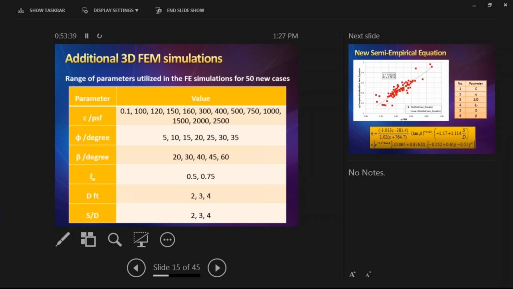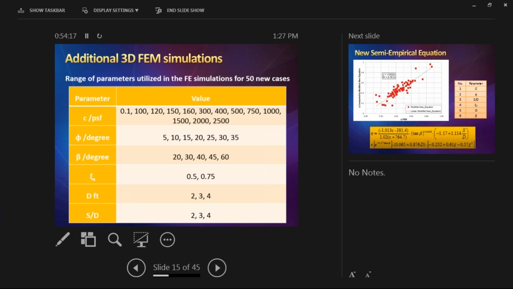So here is a table of all the parameters that we used in the additional 50 new finite element simulations. Those simulations take time because you are doing strength reduction to get to the slope failure with the drill shaft, so it's a tedious incremental work. You can see that we try to cover cohesion down to a nominally negligible value, so 0.1 PSF is the one we use.